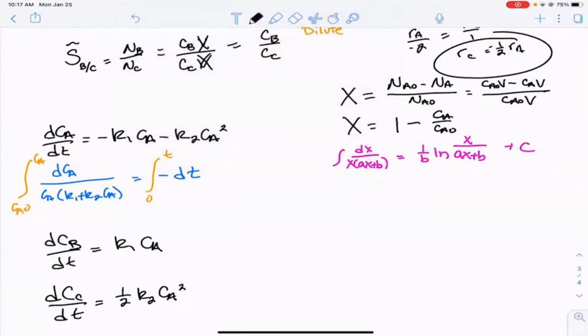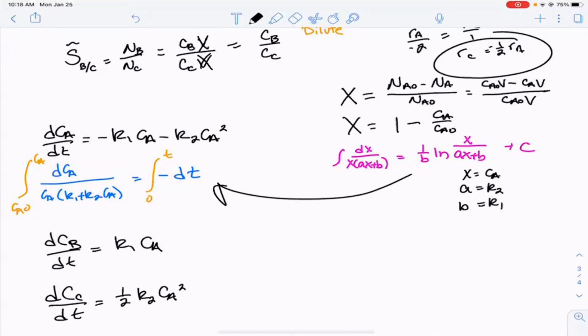So here, x is CA, A is K2, and B is K1, right? If we just compare the two formulas, right? So I solved this. It took a couple pages of math for CA, okay?